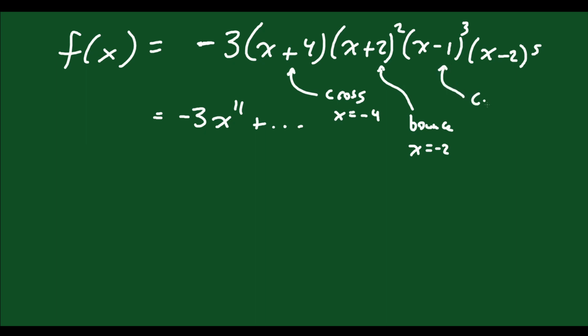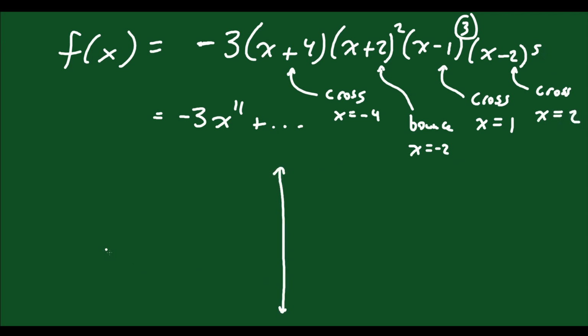Here, you're going to cross, but it's a special sort of wiggle the way you cross because it's cubed, not to the 1. And that's going to be at x equals positive 1. And then here, you're going to cross as well because it's to the exponent 5, which is odd, but it's going to do a similar wiggle that the cubic one did, although it'll be a little bit wider and more exaggerated, just like how the y equals x to the 5 looks, and that'll be at x equals 2.